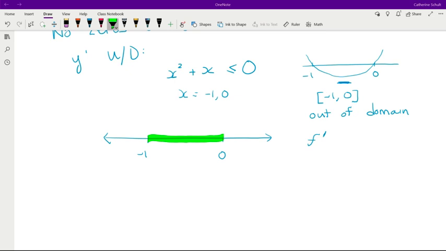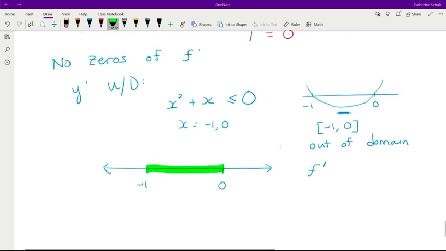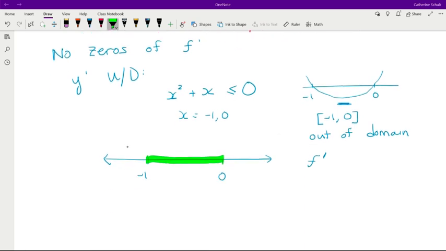Our derivative is going to change sign before or after the gap. There's no zeros of f prime. We're only undefined when we're out of the domain. So the only time f prime can have a sign change from negative to positive or positive to negative is when we leap over the domain restriction. Okay, so that's a little bit different.